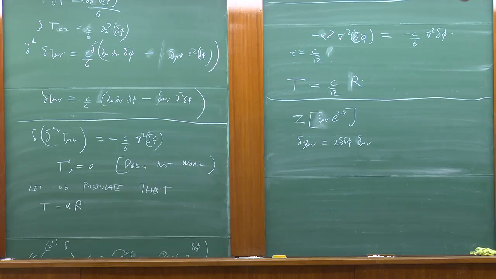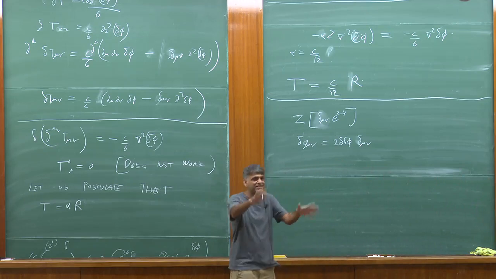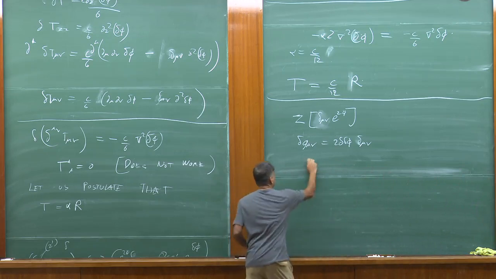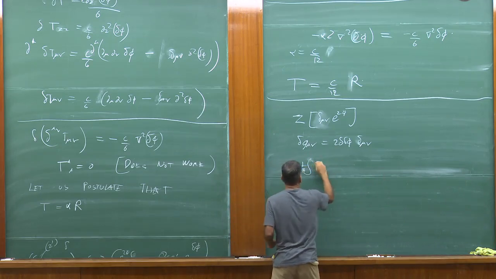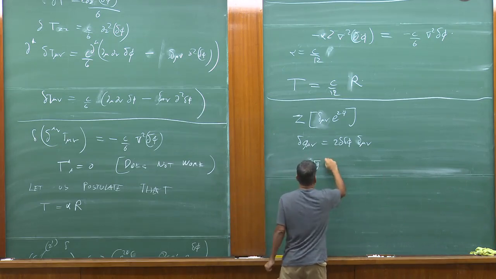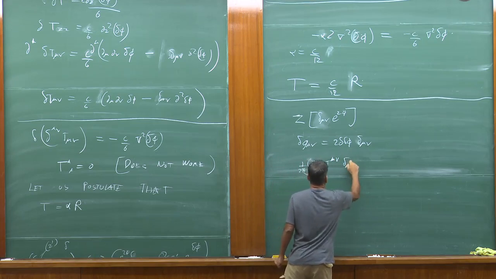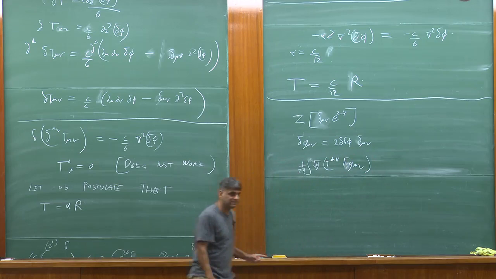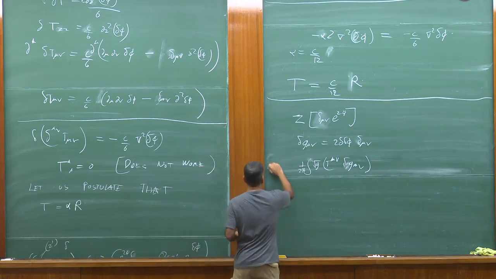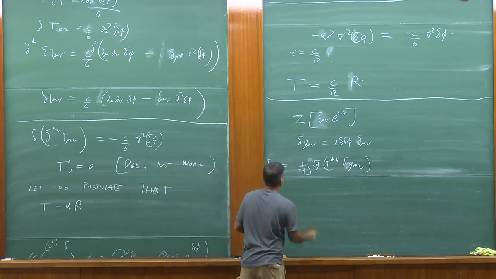And the formula goes along the lines, again, constants I will ask you to forgive me, but something like 1 by 2 pi square root g T mu nu delta G mu nu is the change in the partition function. Delta Z is equal to this times Z.